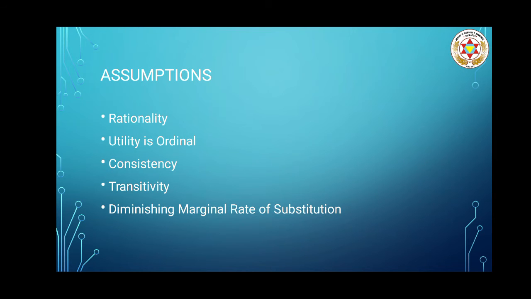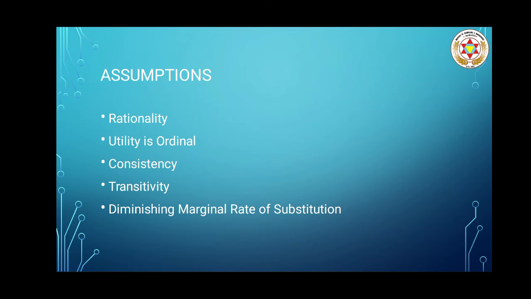The next assumption is transitivity. It means that if a consumer prefers bundle A to B and B to C, then he prefers bundle A to C. And next is the law of diminishing marginal rate of substitution.